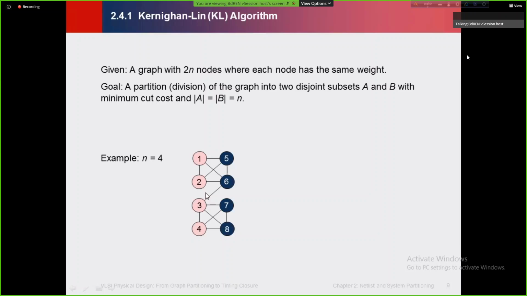Maybe block 2 is just a 2-input NAND gate, and block 6 may be a full adder. Then block 6 will be way bigger than block 2. But in this algorithm, the first algorithm, we will not consider the area or size of those specific nodes or blocks.